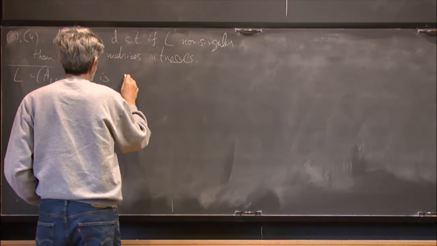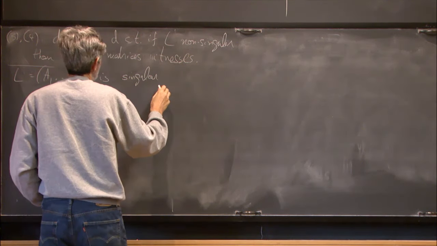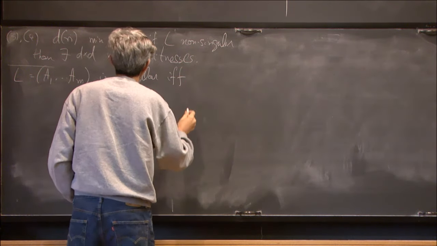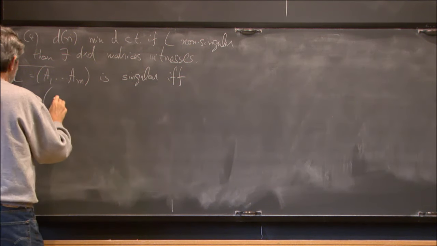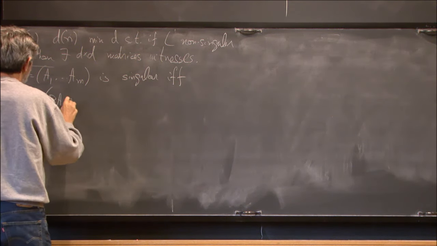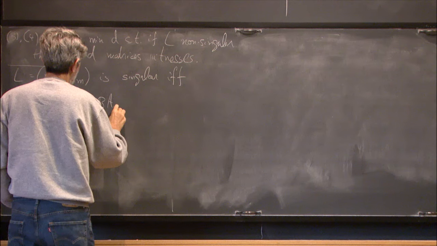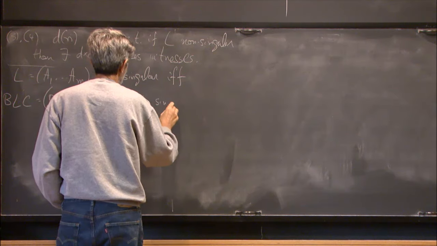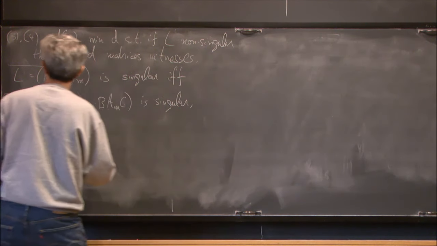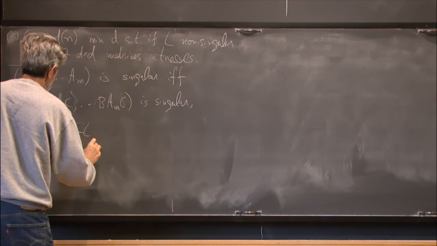L is singular or non-singular if and only if L prime, or let me call it BLC, which is the tuple BA1C through BAMC, is singular, where B and C are in GLN.